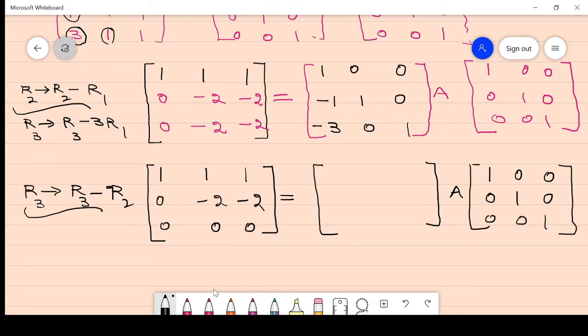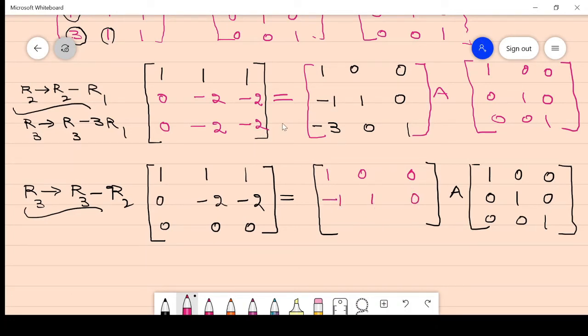Now what is this matrix? The first row will be 1, 0, 0, and the second row is again the same, which is -1, 1, 0.